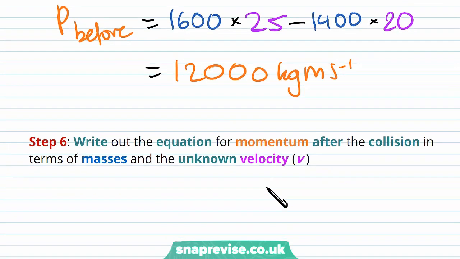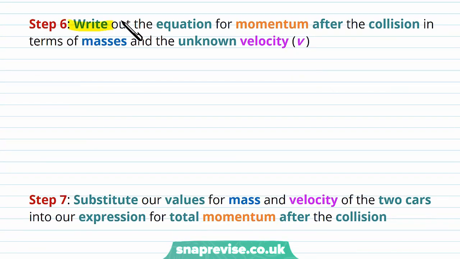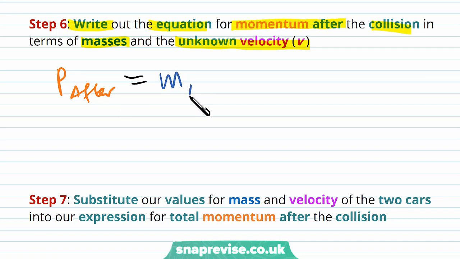Step 6 is to write out the equation for momentum after the collision in terms of masses and the unknown velocity v. So the momentum after is equal to the momentum of each car again summed together. The masses of the cars don't change.